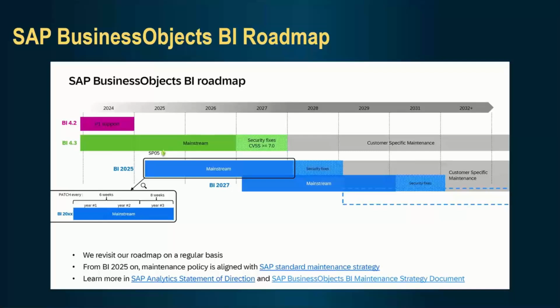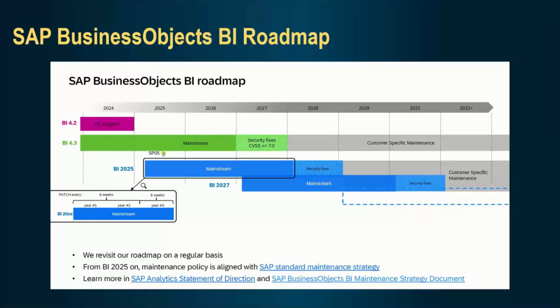So we'll stay within support through December of 26. We'll move into security fixes through 27, and then what they call customer-specific maintenance. So if there's something going on that's a showstopper for a company, SAP will respond to that. So they're not going to leave you out in the cold.